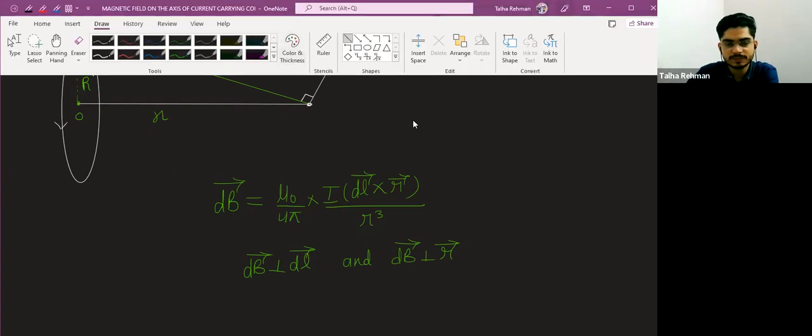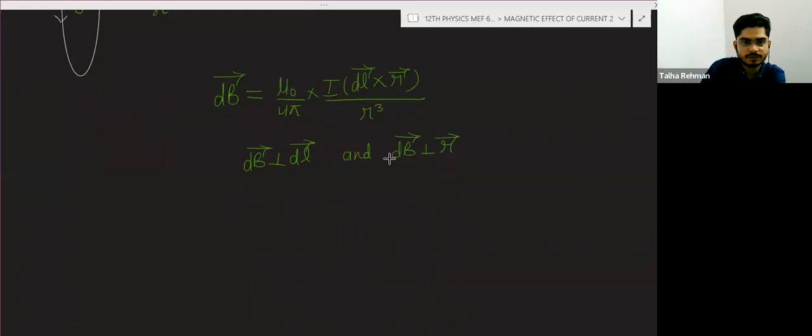Now other things are simple. You can just open this formula, or just write the scalar form of the Biot-Savart law.